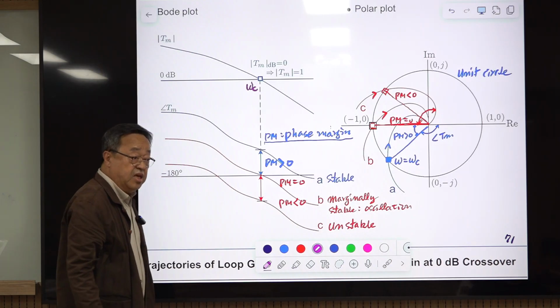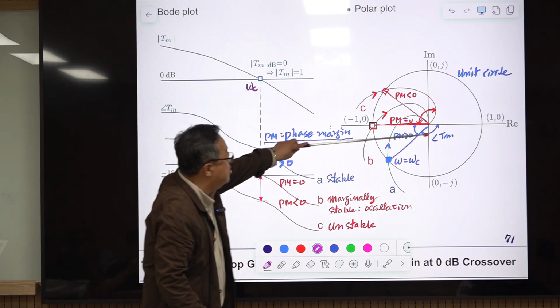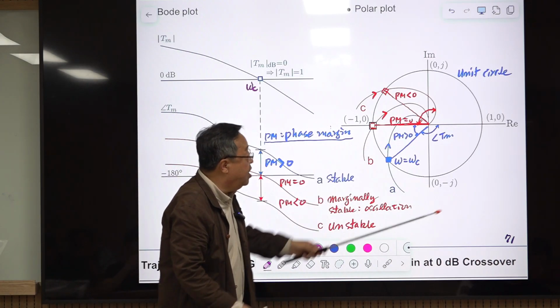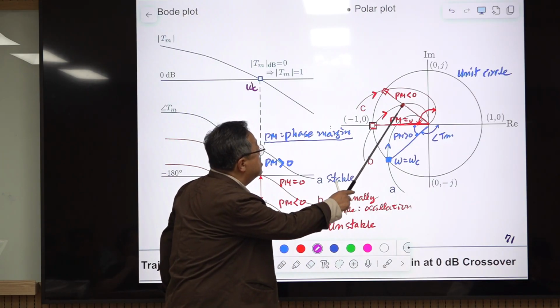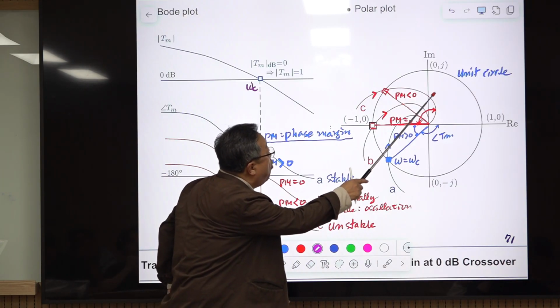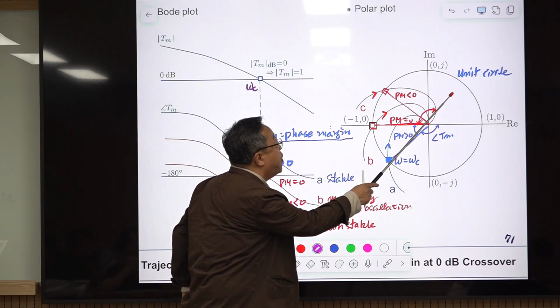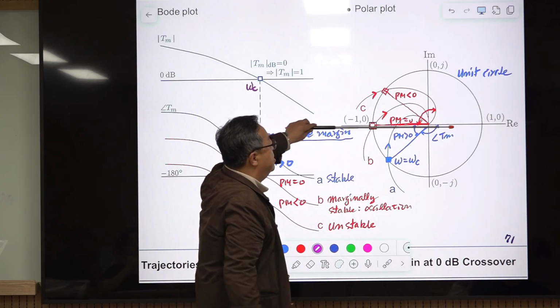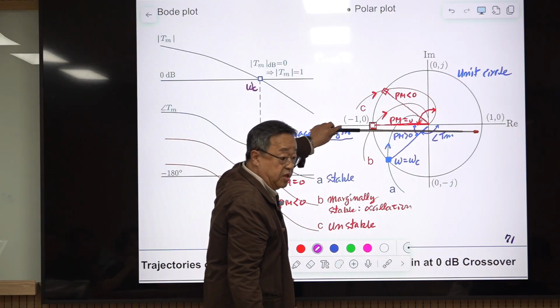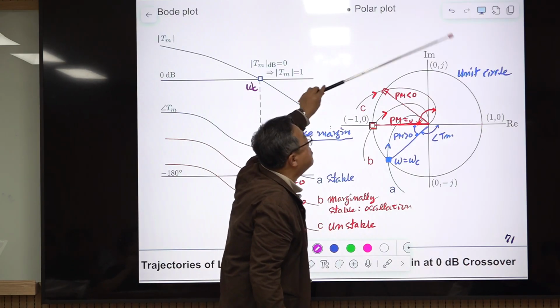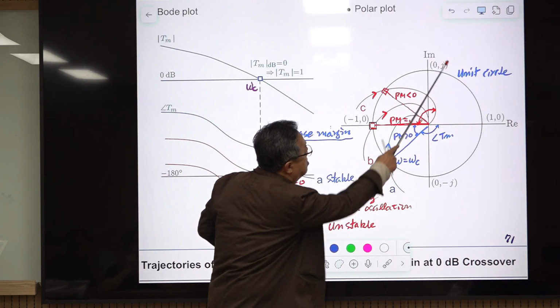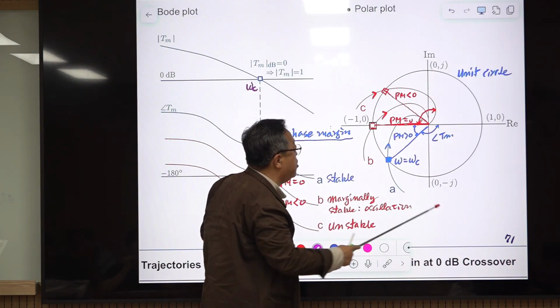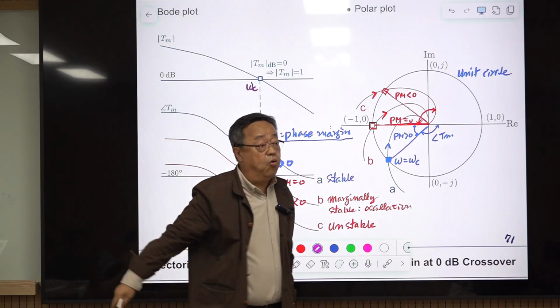So in this region, phase margin is positive, and in this region, the phase is more negative than minus 180 degree, then the phase margin becomes negative. So this is the unstable region. If you have something like this, they are all unstable. If you see something like this, they are all stable.